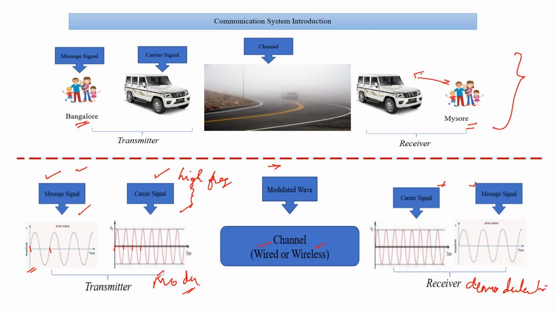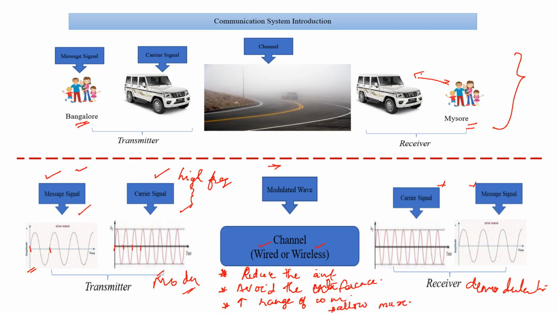Now, why do we need this modulation? The main important points are: to reduce the antenna height, to avoid interference or mixing of different signals, to increase the range of communication, to allow multiplexing of the signal, and to increase the quality of the reception.